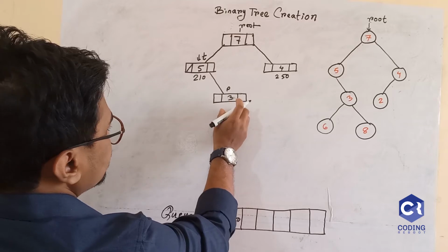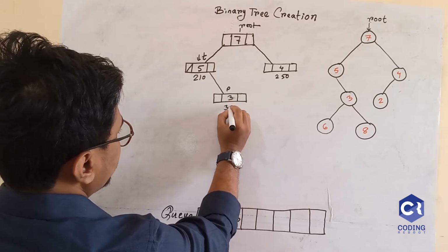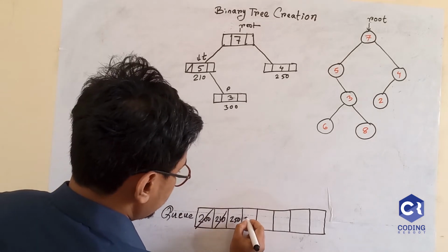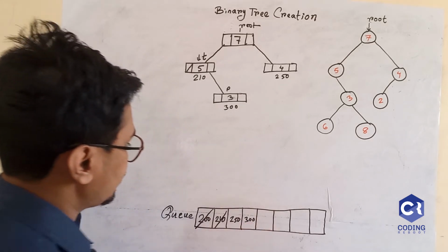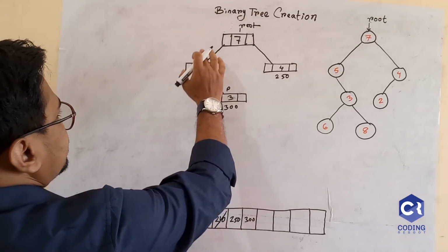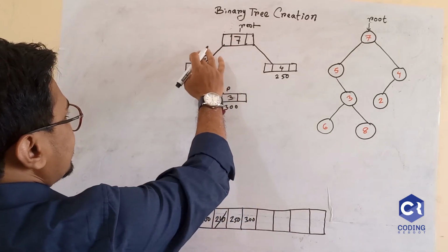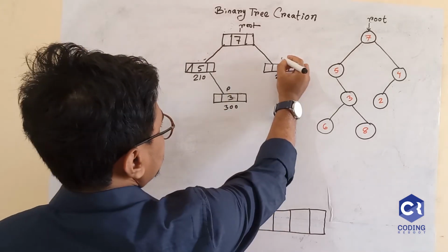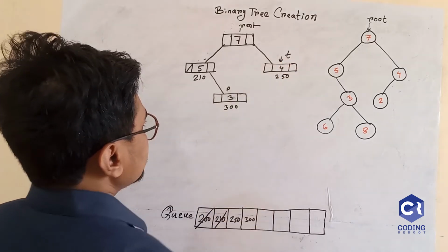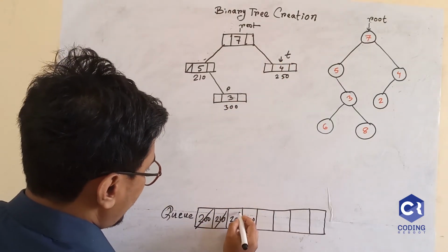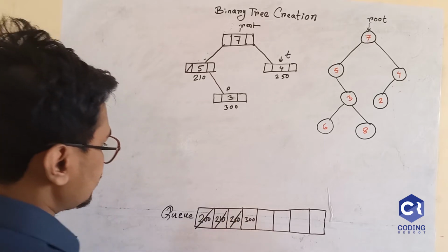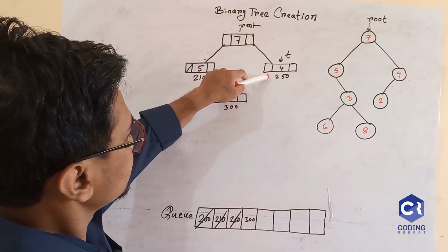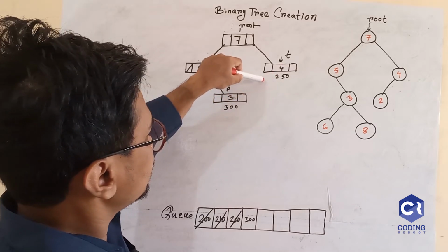Suppose the new node address is 300, and we are going to insert this 300 into our Q data structure. Again, take this pointer 250 and pop it, remove this from Q, and again ask, is there a left child?